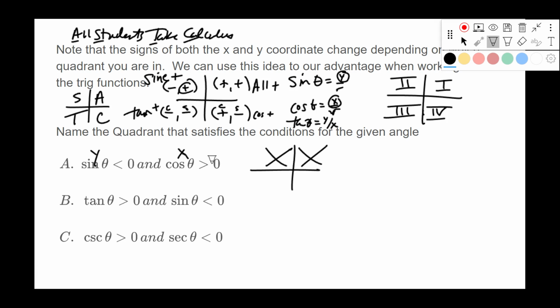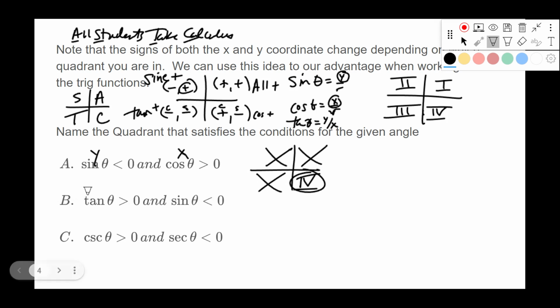If the x coordinate is positive, well, it's not that one because the x is negative. So you must be here in quadrant 4. That's the answer. So we're going to do this by process of elimination. We're going to eliminate answers till there's only one quadrant left.